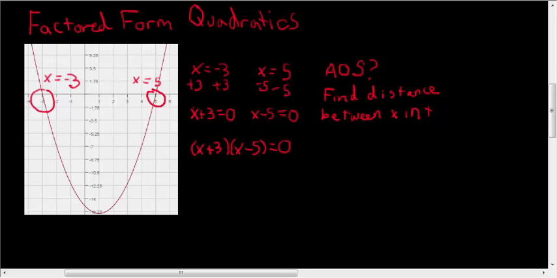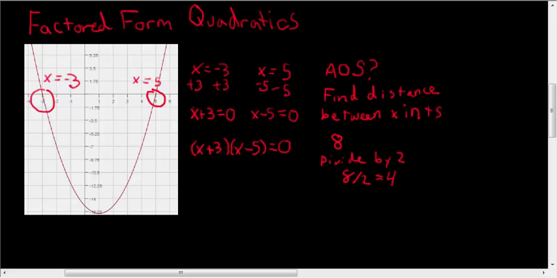So we have a distance of 8 units right there. So now we want to say, well, let's average them so we can find how many units would be the middle between those two points. So we divide them by 2. So 8 divided by 2 is 4.